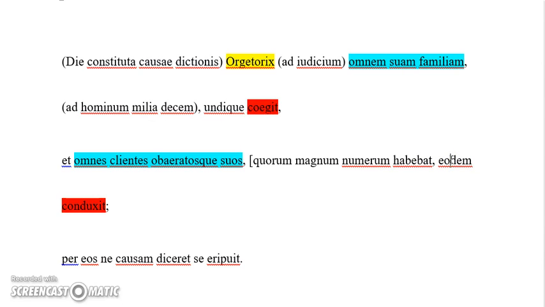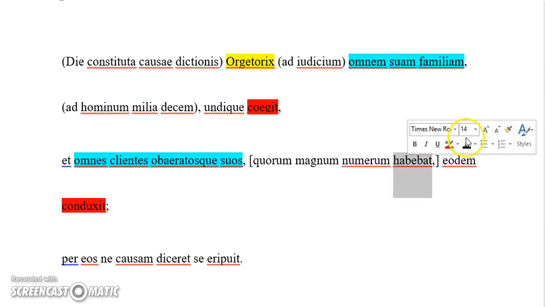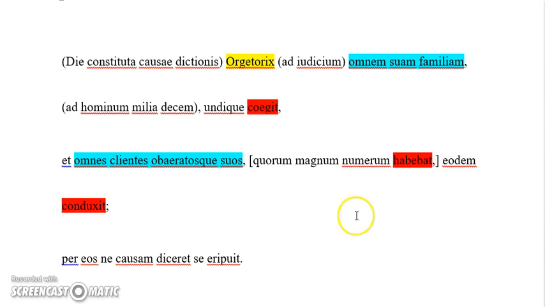Habebat, he was having, or he was having a great number, and that's to the same place. Per eos, through eos, that's all those people above.